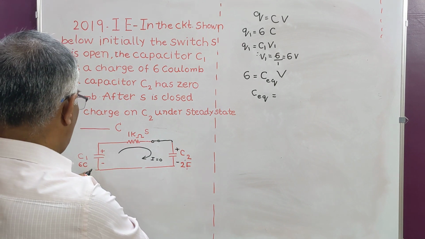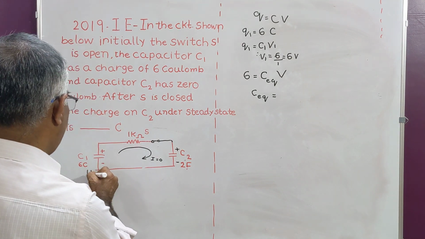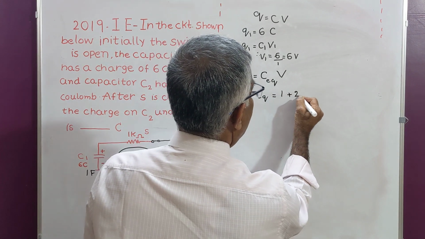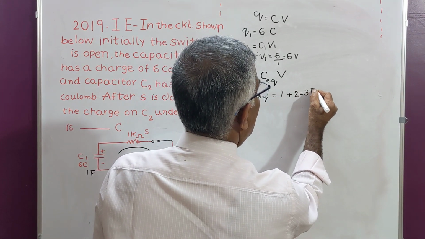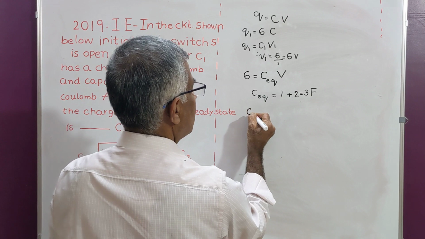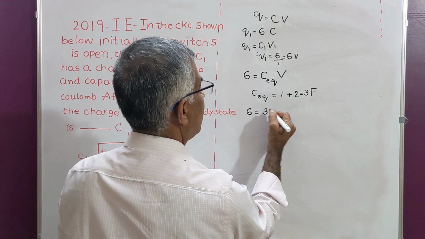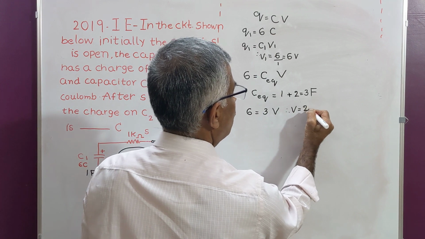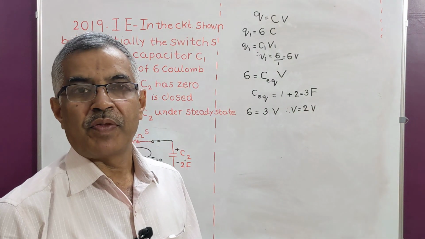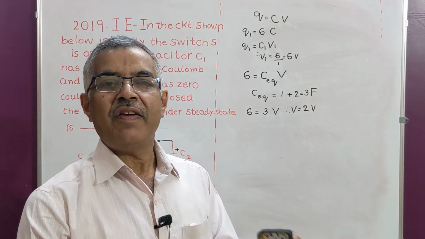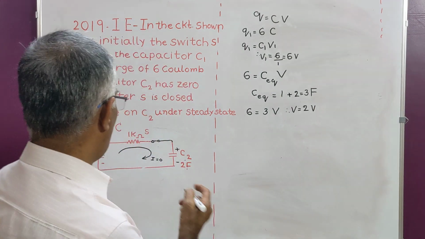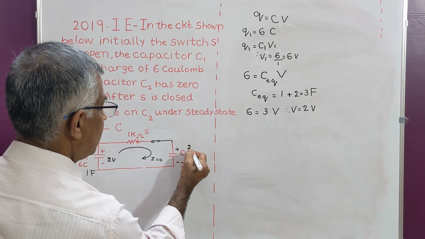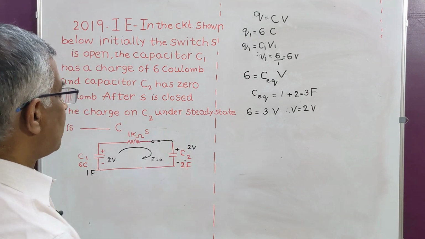So this is 1 farad, this is 2 farad. 1 plus 2, that is 3 farads. Therefore, 6 is equal to 3 into V. Therefore, V is equal to 2 volts. That means C1 and C2 will finally have 2 volts. So 2 volts here, 2 volts here, then current in the circuit becomes 0.